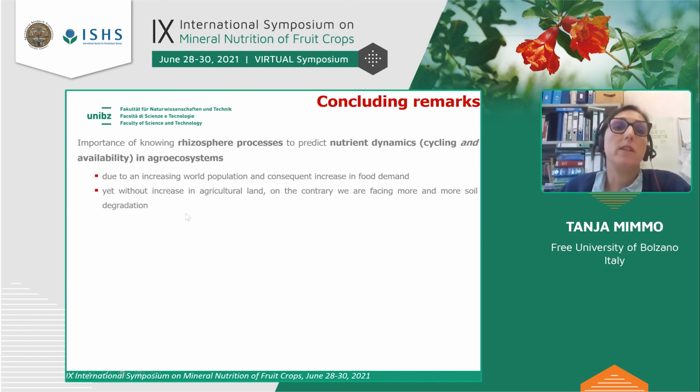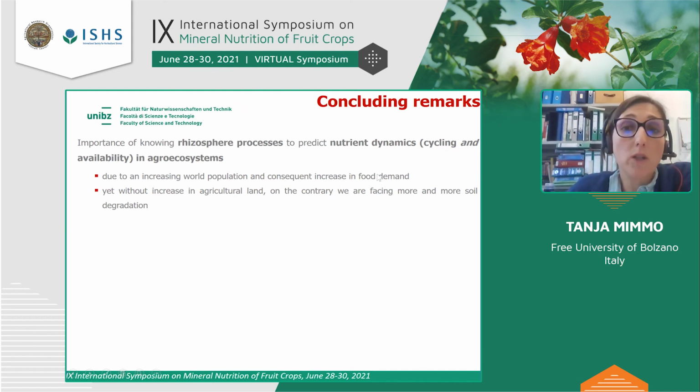So obviously, why is it important to know the rhizosphere processes? Obviously to predict the nutrient dynamics, and not only the cycling, but the availability, and ultimately also the uptake and the allocation of the plants. And this is due to an increasing world population, which we obviously need to feed.